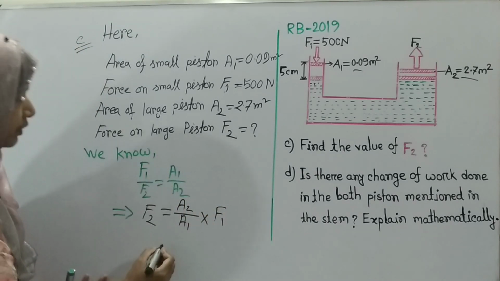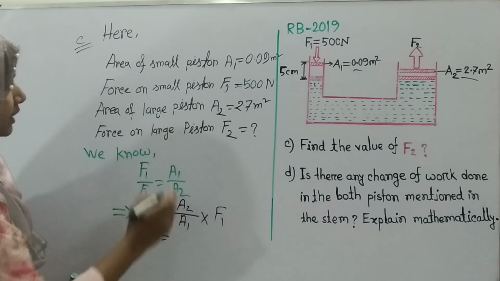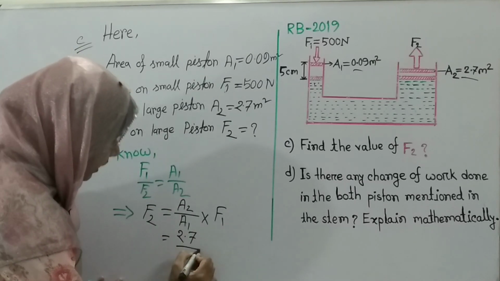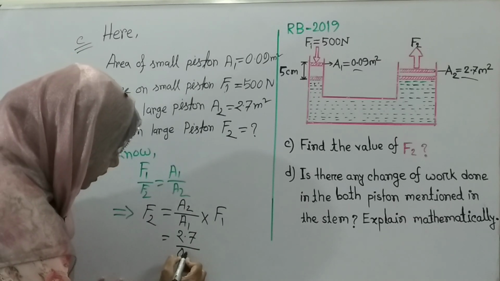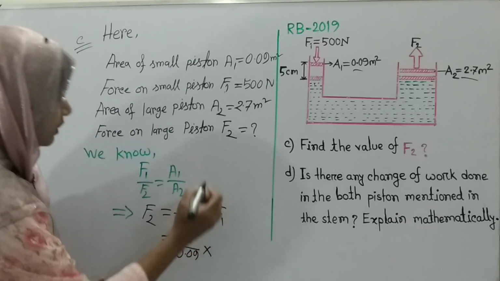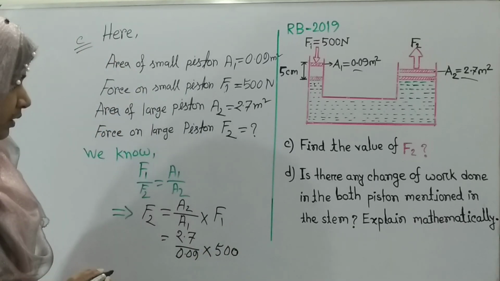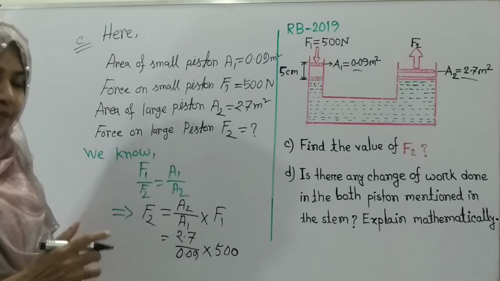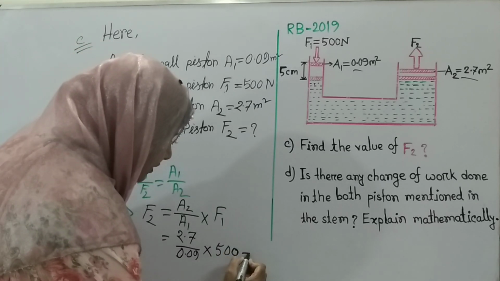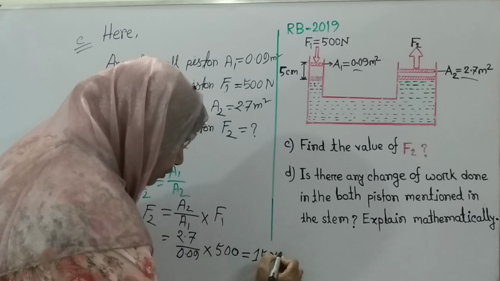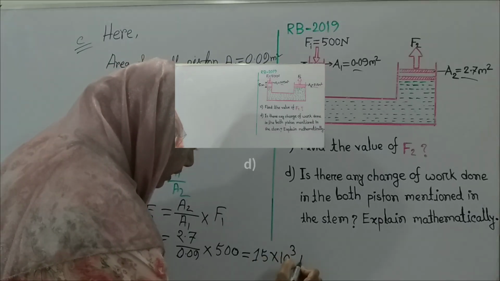Now I am going to put the values. Here the value of A2 is 2.7, A1 is 0.09, into F1 means 500 Newton. So after calculating it, you will get the result 15 into 10 to the power 3 Newton.